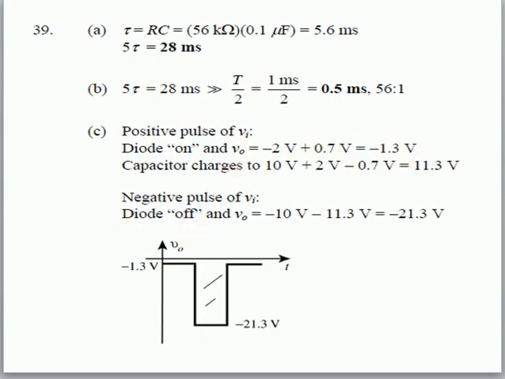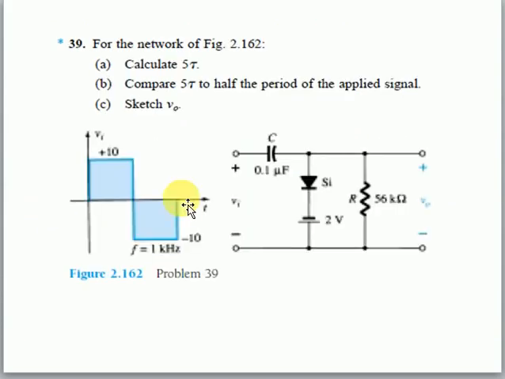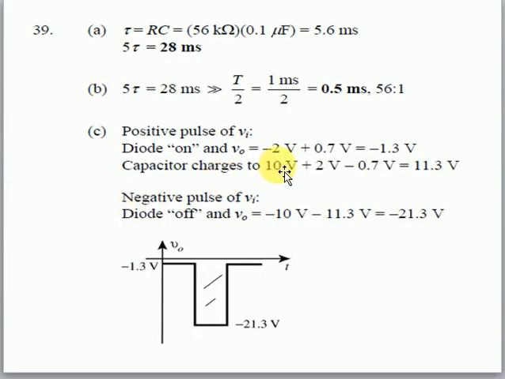Now we will calculate the value of Vc. When we calculate the value of Vc, then plus 10 minus Vc minus V naught is equal to 0. Here, plus 10, so the capacitor voltage Vc is equal to 10 plus 1.3, that is equal to 11.3 volt.